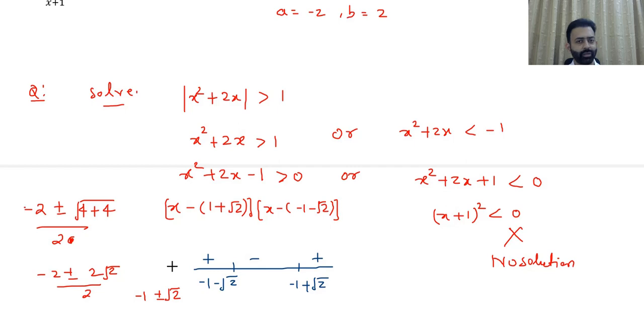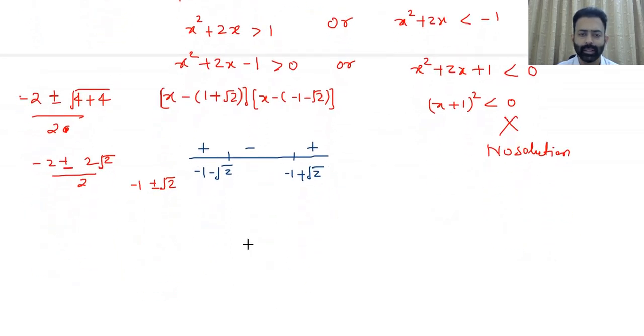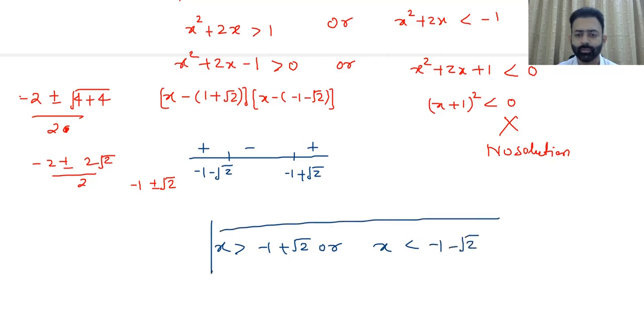This is also known as the wavy curve method, but we have just got to our algorithm that outside the roots we need to look for greater than 0. So here the solution is that x is greater than minus 1 plus root 2, or x is less than minus 1 minus root 2. Okay, this is your solution.